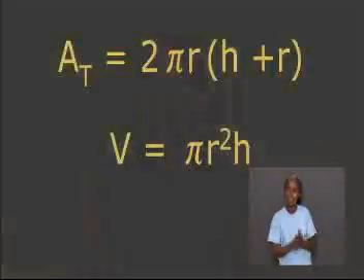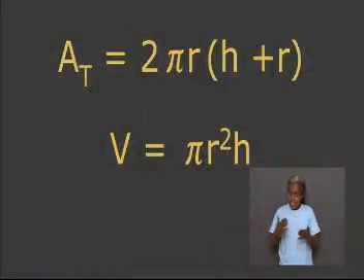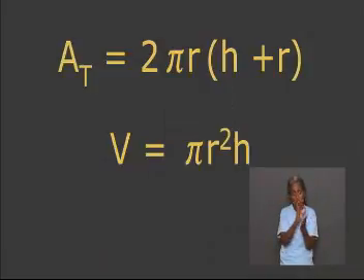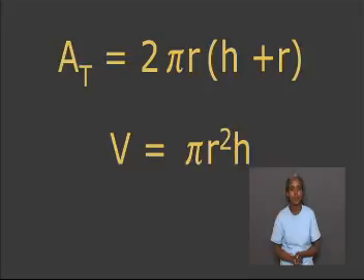Okay, students, I think you are ready to put these equations into practice. Please take a sheet of paper and copy down the formulas and these dimensions. A right circular cylinder has an altitude of 10 centimeters and a radius of 2 centimeters.